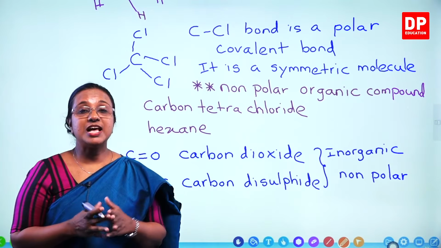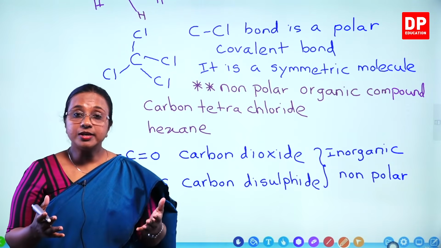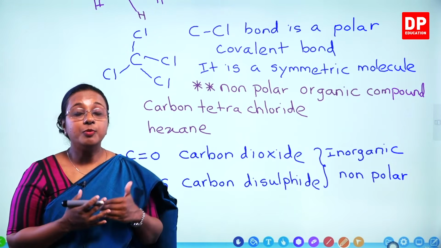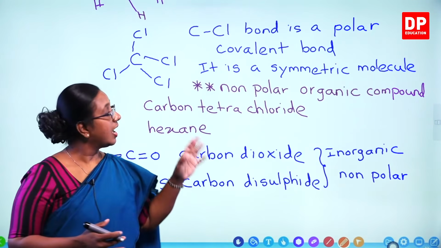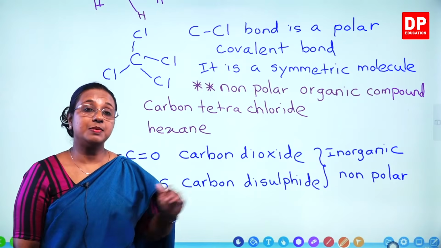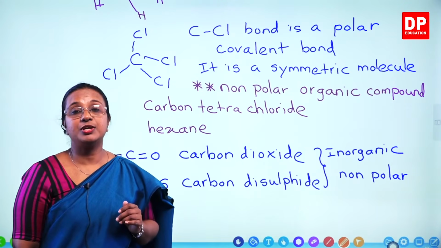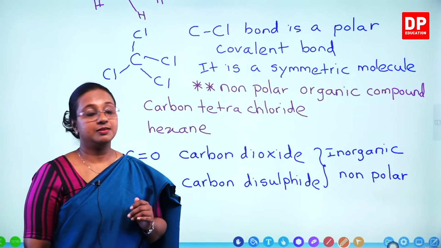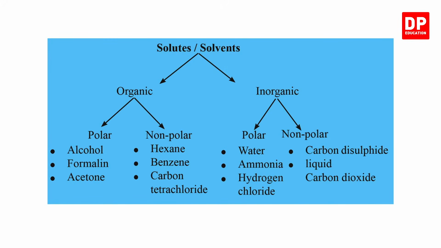So compounds like ammonia and water, all these are polar compounds. After this, we will look at many examples of all these 4 types of compounds. So let me discuss some examples. Solutes and solvents are classified as organic and inorganic.